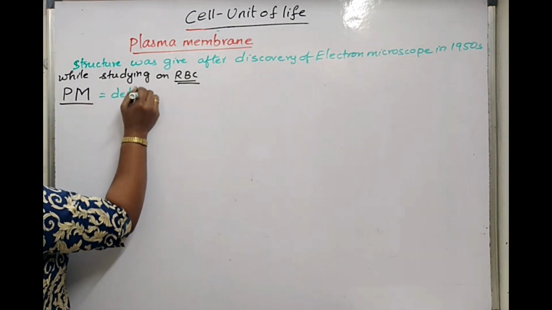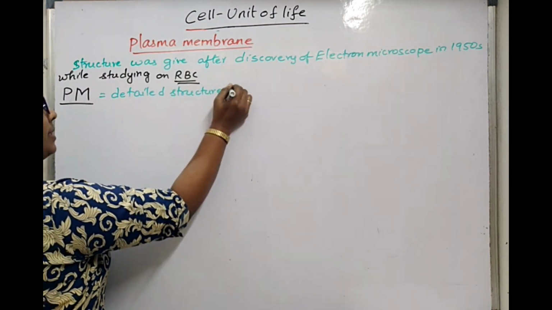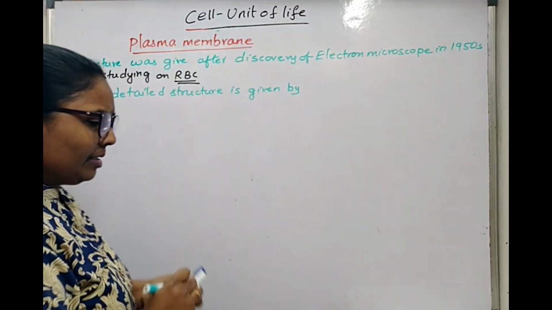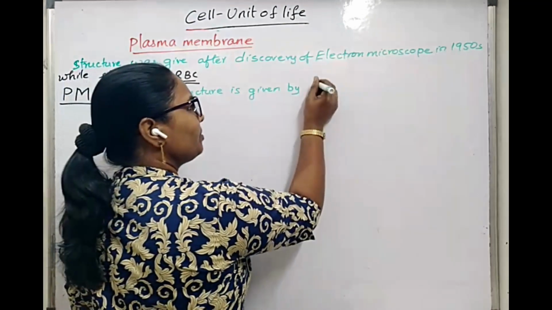Plasma membrane detailed structure is given by Singer and Nicholson in 1972.